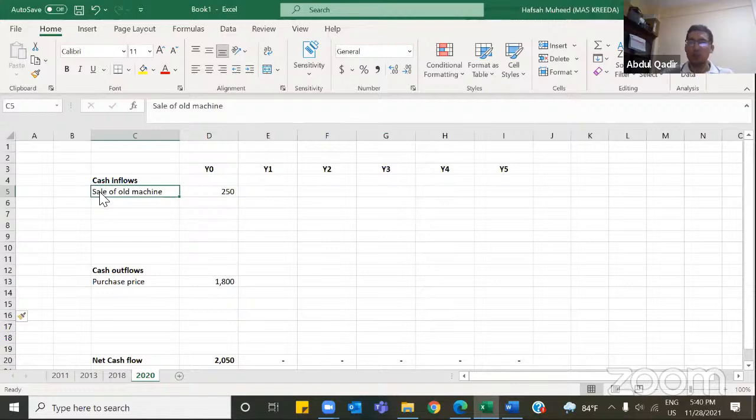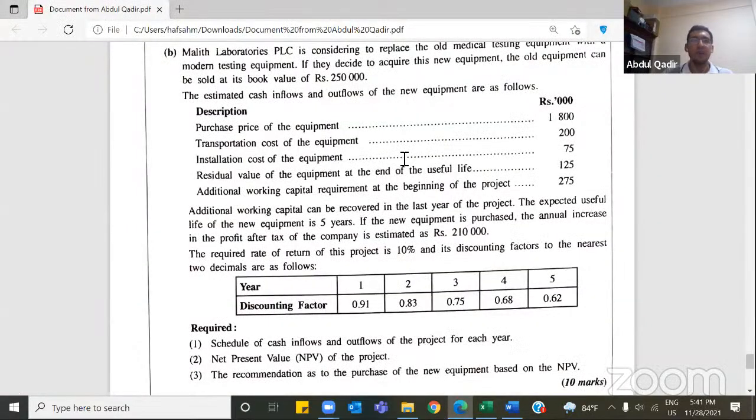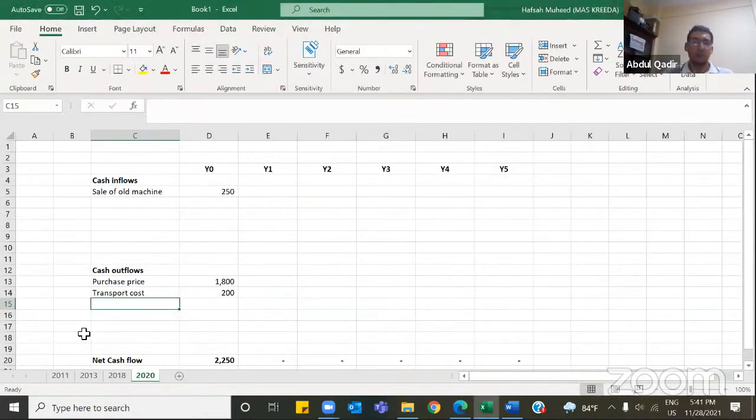Next one, transport cost 200, so that is again a cash outflow. All of these are outflows in year 0 itself. Installation cost 75.